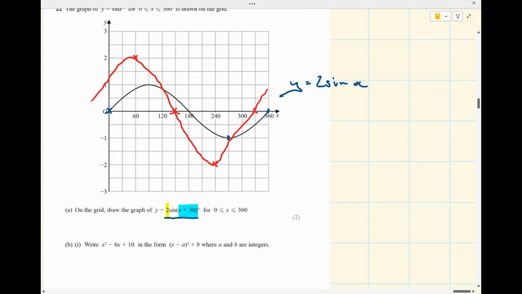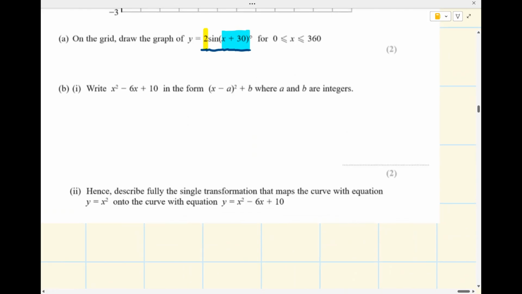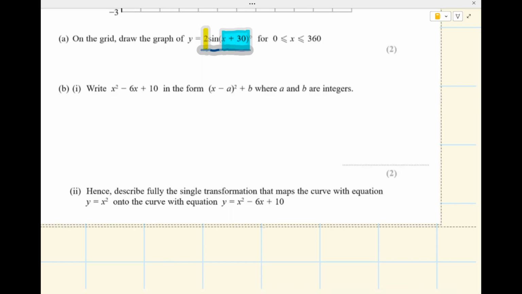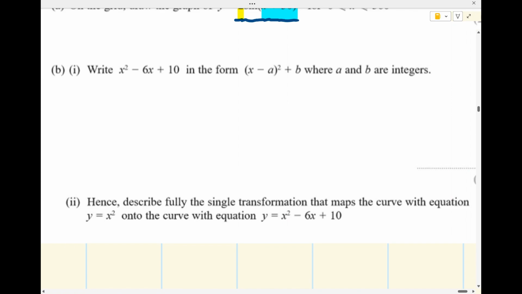Now let's have a look at part B, shall we? Part B, part 1, is some, well, straightforward, routine algebra. We need to complete the square on x squared minus 6x plus 10. So here we go.